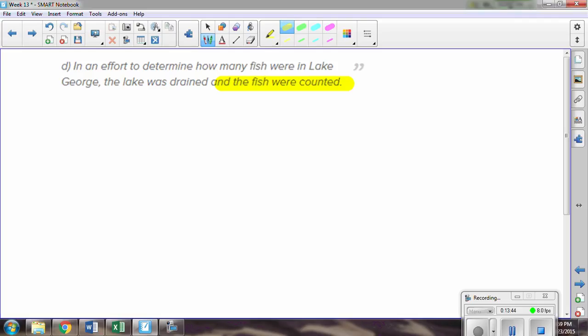What do you think? Did they do anything? Well, they drained the lake, yes, to count the fish. Because frankly, if you were trying to conduct a census, how else would you get to all the fish? Take them all out. Catch every single fish in the entire lake. In this instance, did they set up an experimental group?